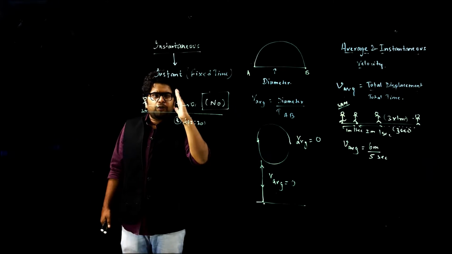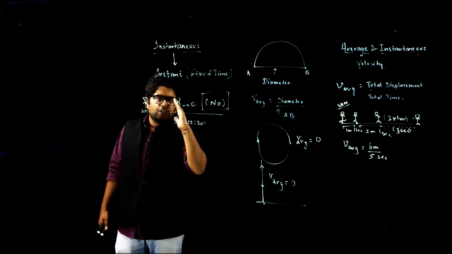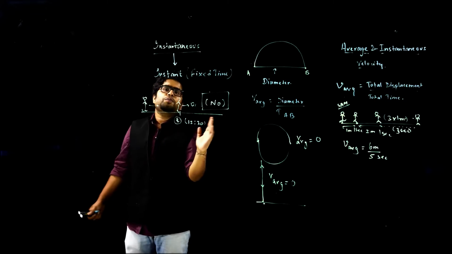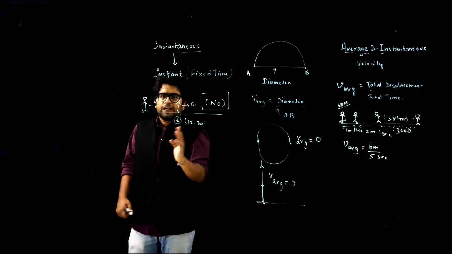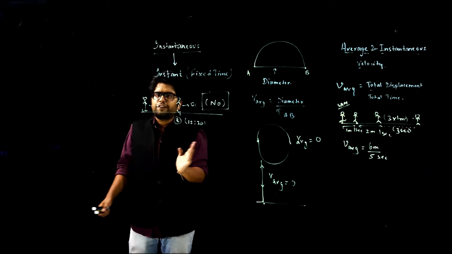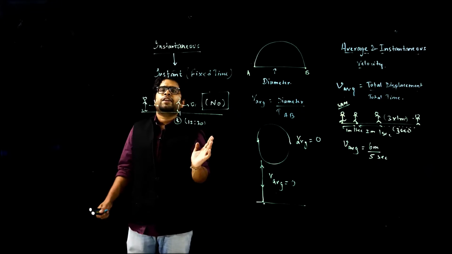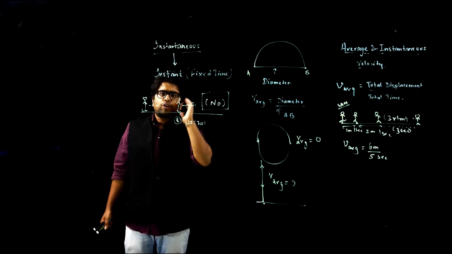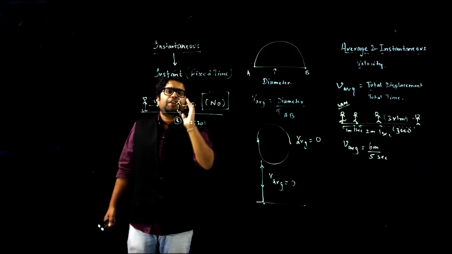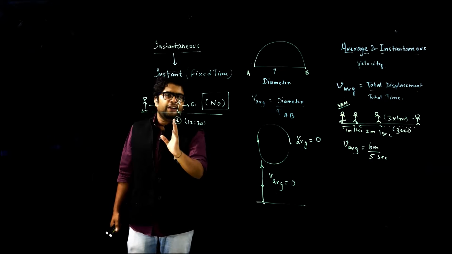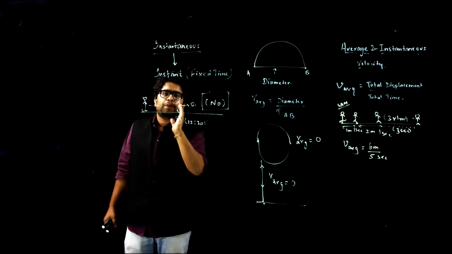So if I'm talking about a particular point at a particular instant, there are no two positions. And if there are no two positions, you cannot define a net displacement, so you cannot define a velocity. You can only define non-zero velocity when there is a non-zero displacement.